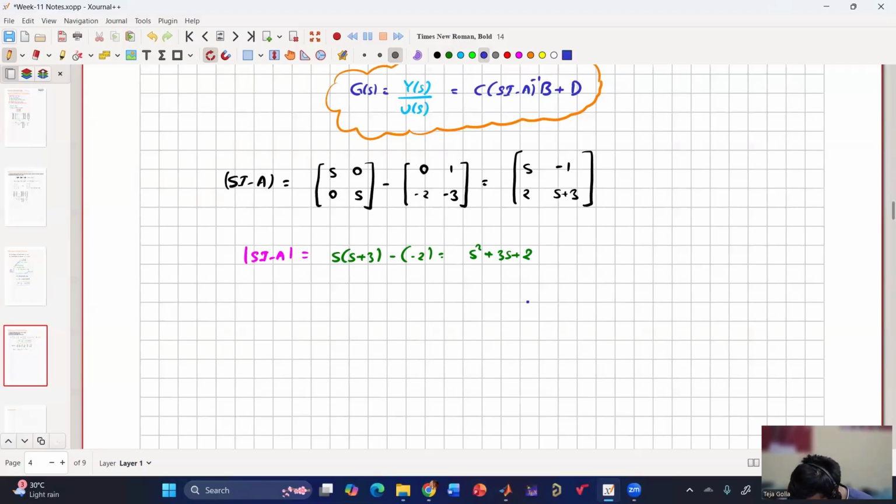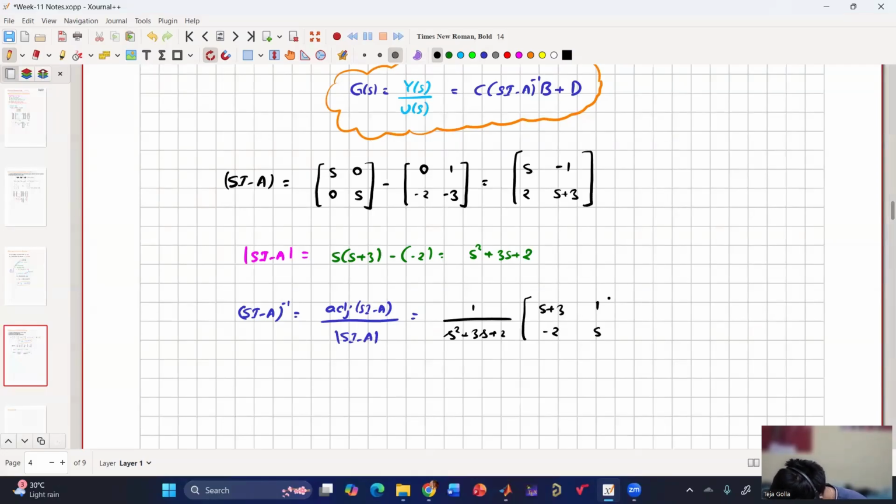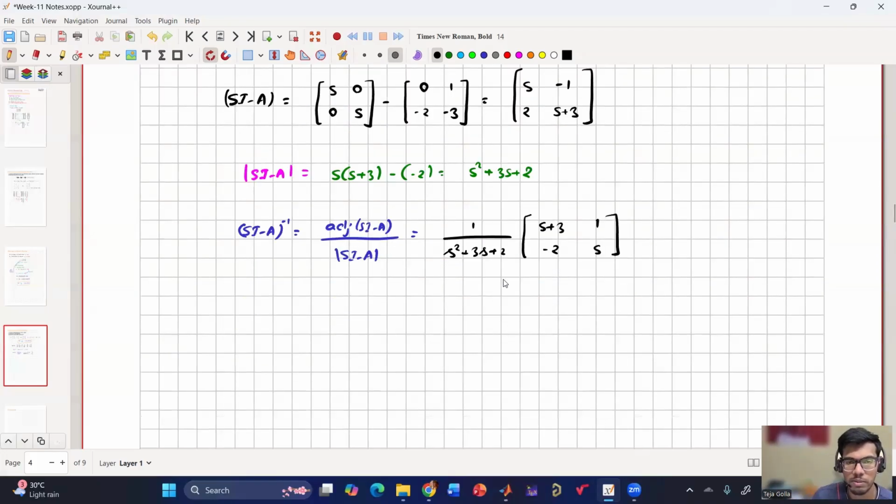Now I can calculate (sI minus A) inverse as adjoint of (sI minus A) by determinant of (sI minus A). So the determinant is obtained as 1 by s square plus 3s plus 2, and the adjoint is [s+3, 1; -2, s]. If I multiply this, I will get the (sI minus A) inverse.